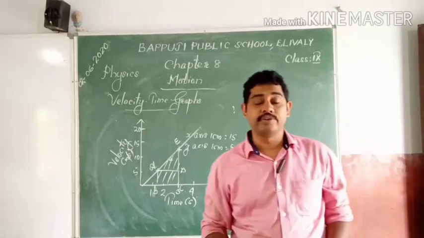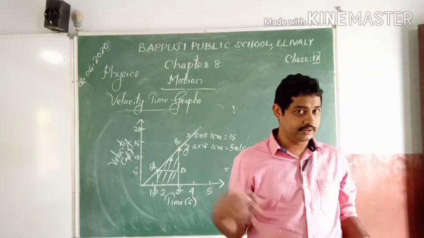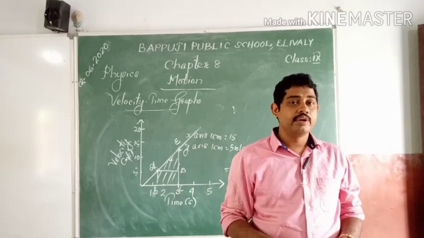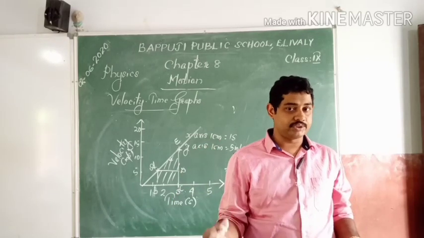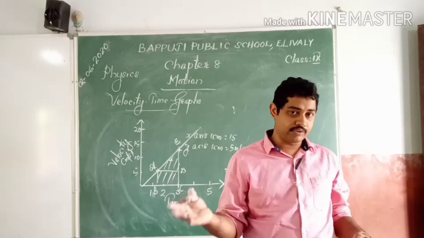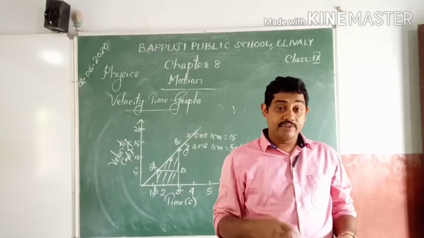Then the area enclosed within the velocity time graph gives displacement. For non-uniformly accelerated motion, velocity changes at a non-uniform rate, and the graph can be of any shape.